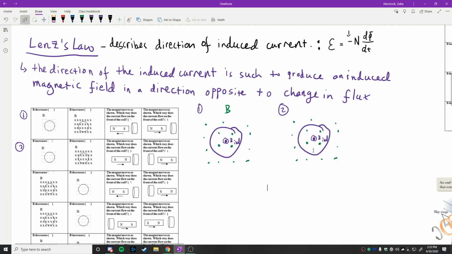Now what's going to change is the induced magnetic field. In the first case, B is decreasing. In the second case, B is increasing, okay? If B is increasing, that means the induced magnetic field has to point in a direction opposite to the change in flux. So the flux is increasing out of the board, and that means that the induced magnetic field has to point into the board.